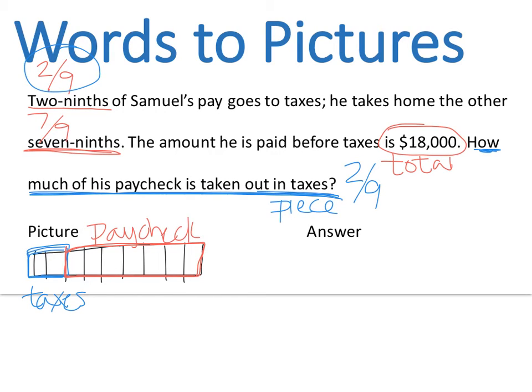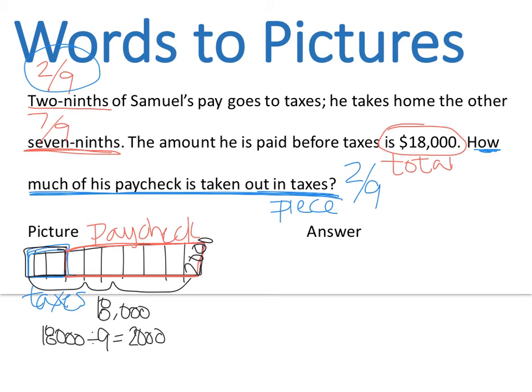We've already said the total for the entire box is 18,000. So I need to figure out what 18,000 divided into 9 boxes equals, which is 18,000 divided by 9, is 2,000. So if each individual box represents $2,000, then that means his taxes, the 2 boxes, is going to be 2 times 2,000.